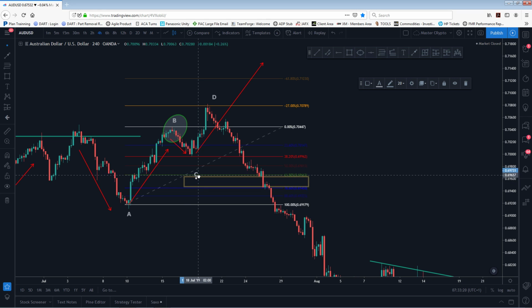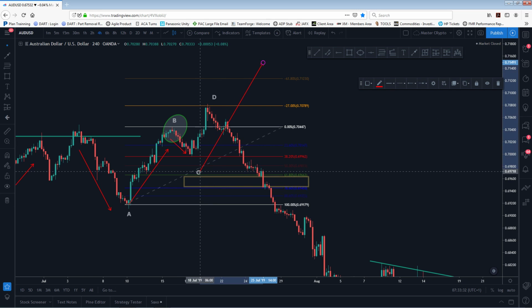I like when it comes and just spikes into this area and then retreats. 61.8 is my most favorite retrace zone, because I'd rather buy here and make way more profit when it hits my negative 27, which is usually my main target.